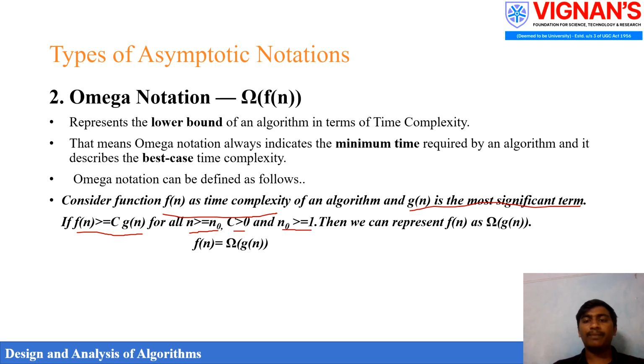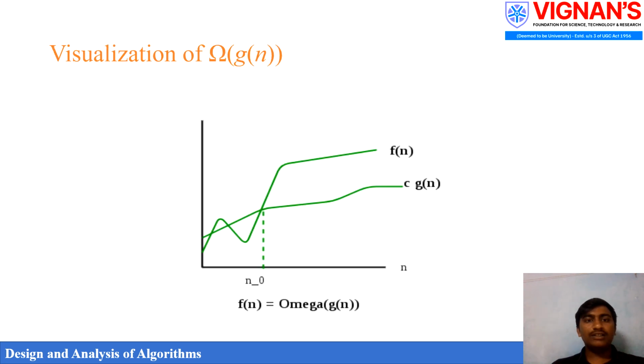Then we represent f of n as omega of g of n. Then we see the visualization of omega: f of n is greater than or equal to g of n.